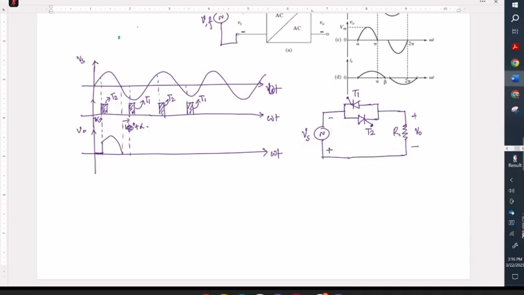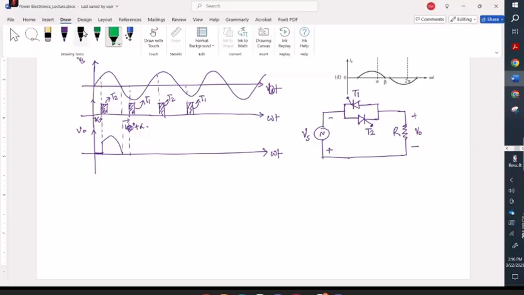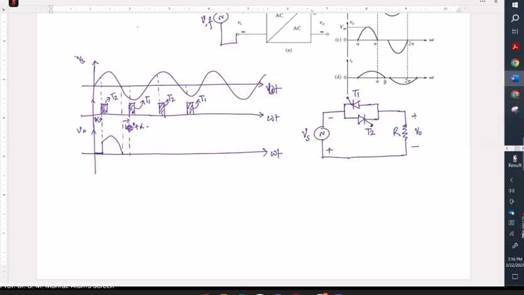But as long as we are not giving any pulses to T1, T1 cannot turn on. So in that case, your output would be 0 up to this point. And after that, when T1 turns on, we will have the same output voltage like this.